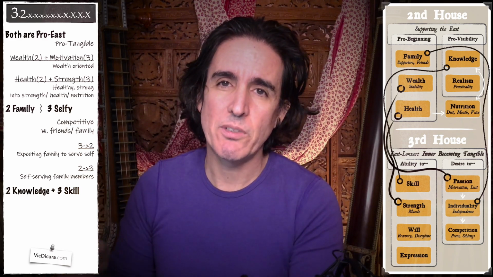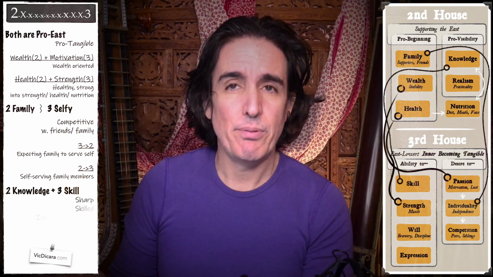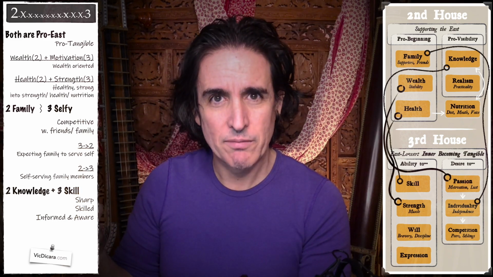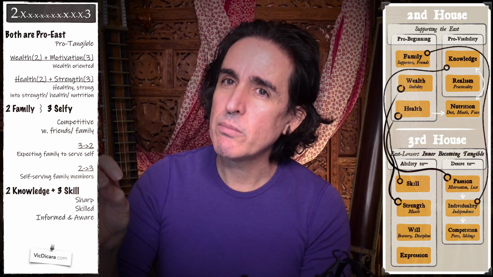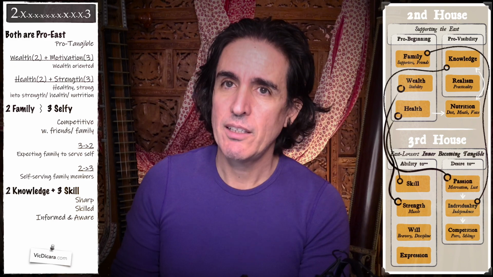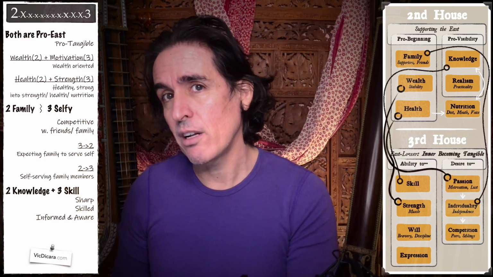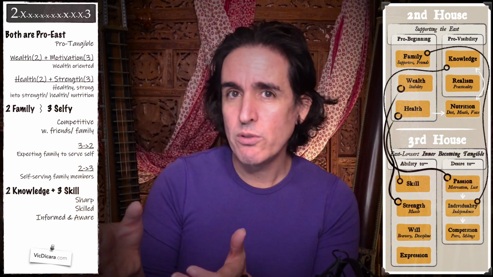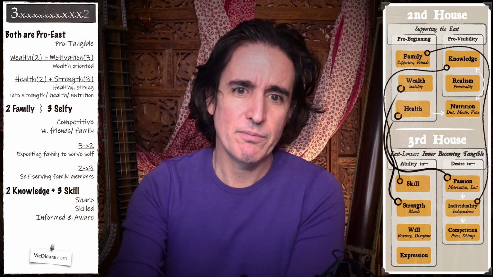It's a good word, actually, because third house has a sharpness to it. Expect them to be pretty sharp mentally and be skilled. They'll kind of like to learn things, especially practical things that they can use. So they tend to be well informed and aware of the different options and technologies and tools that are out there that can help them accomplish things that they want to accomplish.